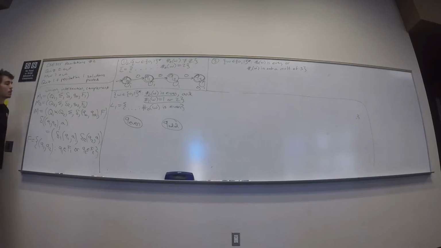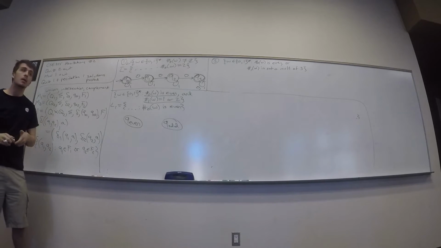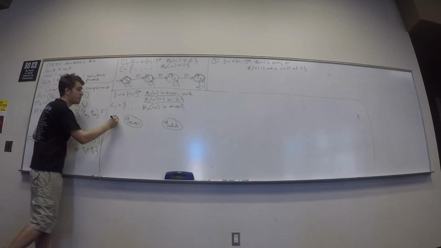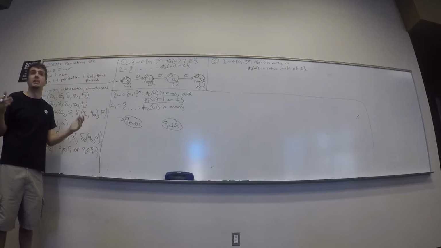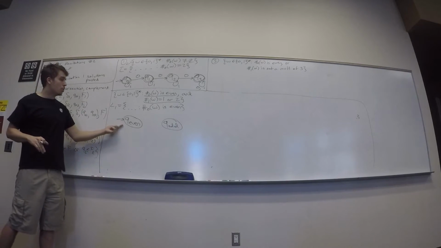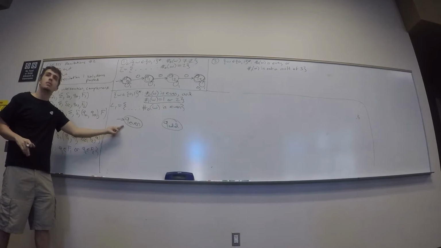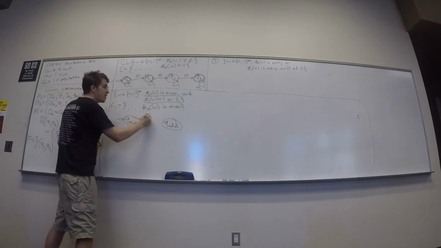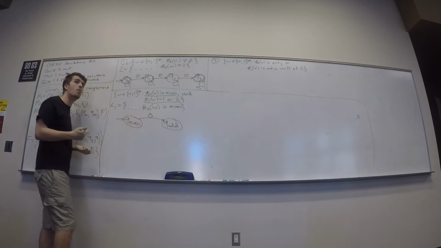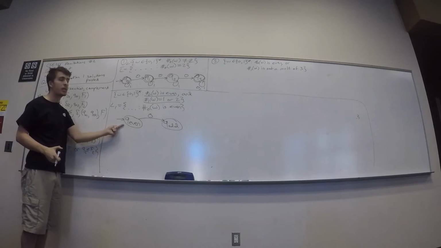What would the start state be? Q even, because I've seen 0 characters and 0 is even. So where does Q even go on 0? It should go to Q odd, because if I've seen an even number of zeros and then I see one more, now I've seen an odd number. Where's Q even going to go on input 1?